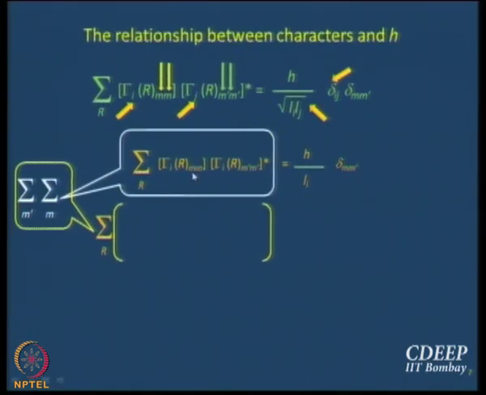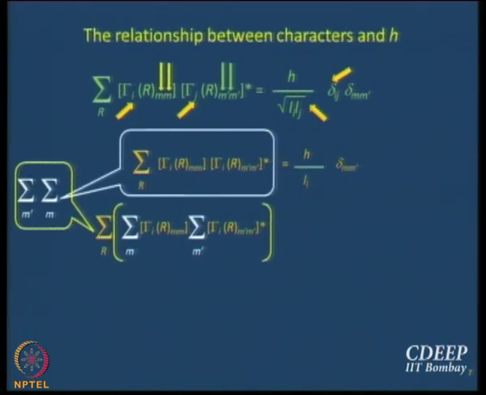One is in m and the other is in m dashed, and you are summing once over m, once over m dashed. So, if I just take the sum over R outside, then I can write it like this: sum over m gamma I R m multiplied by sum over m dashed gamma I R m dash star.